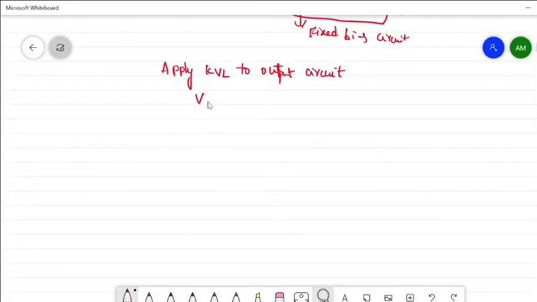Finally, we want the VDS value, the output voltage, and the output current. Here the output voltage is VDS and the output current is ID. So VDS is equal to VDD minus IDRD.